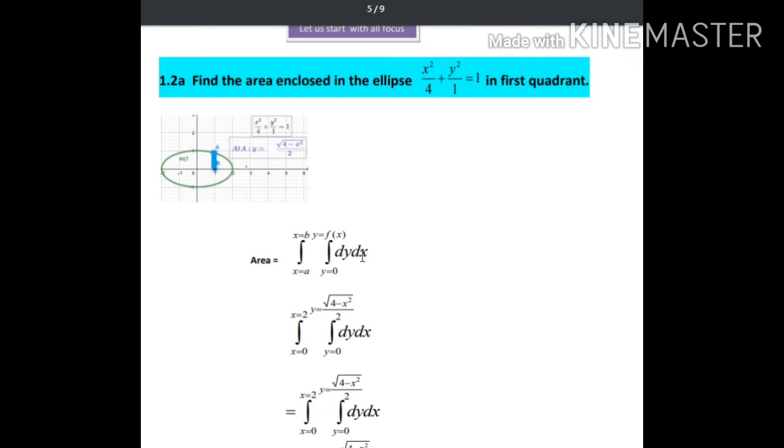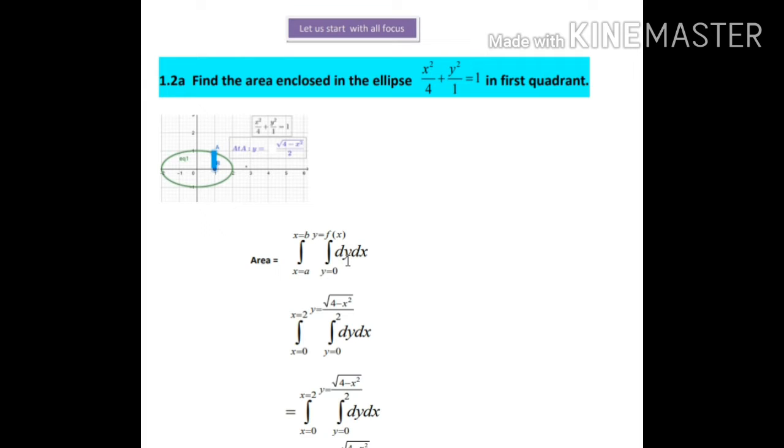If we want to keep the order dy dx, then we have to choose a vertical strip, and if we want to keep the order dx dy, then we have to choose a horizontal strip. So it's our choice whether we want to solve the question using order dy dx or dx dy. In this example I have taken order dy dx, that's why I have taken the strip to be a vertical strip.